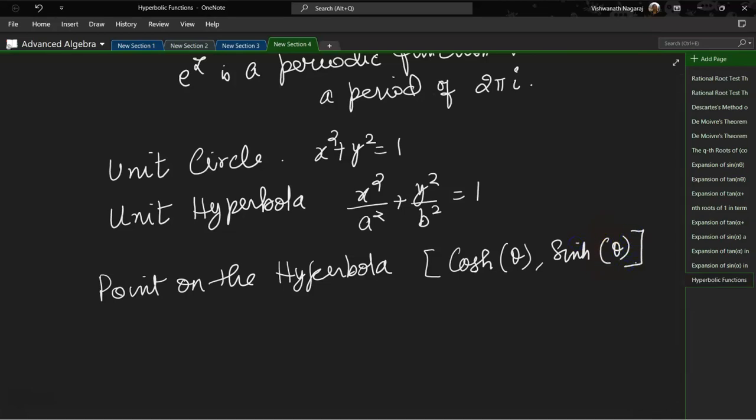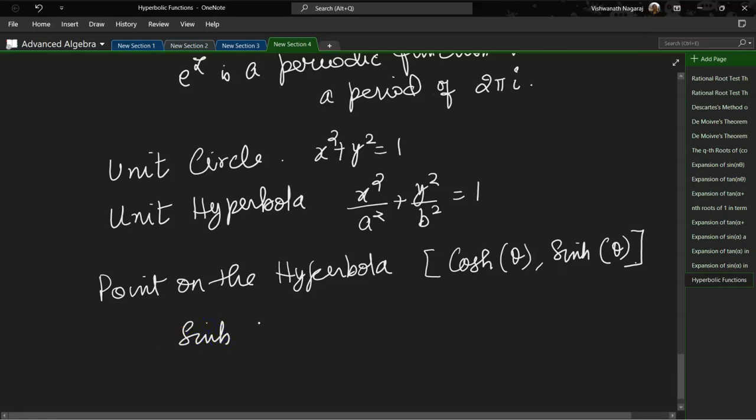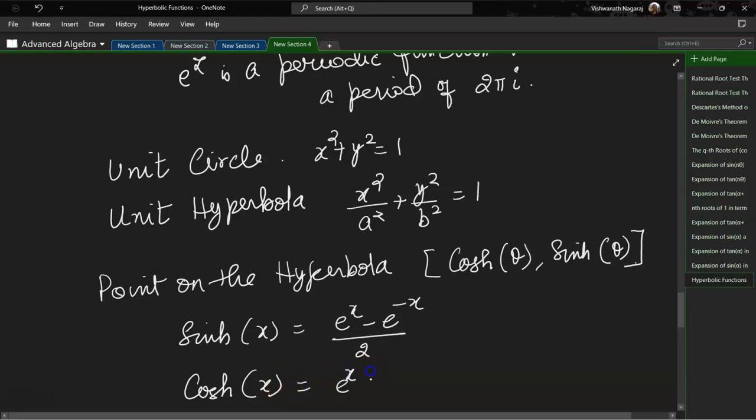Again we can write hyperbolic cos and hyperbolic sine in terms of exponential values. Hyperbolic sine of x would be equal to e to the power of x minus e to the power of minus x by 2. Similarly, hyperbolic cos of x would be equal to e to the power of x plus e to the power of minus x by 2.